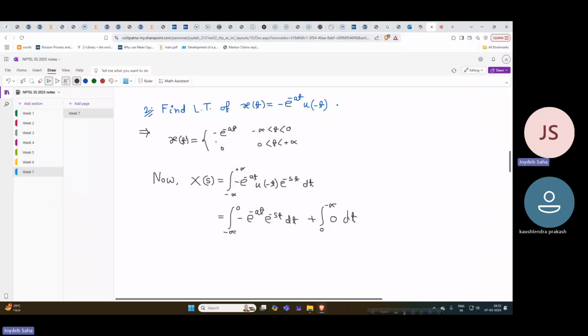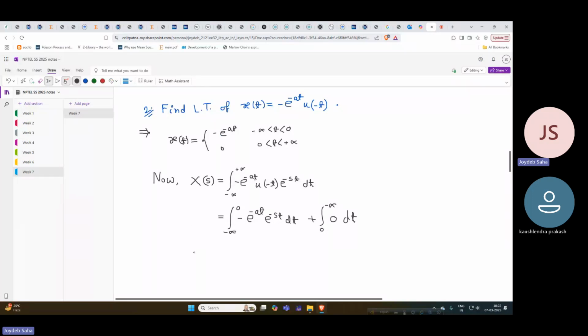What is our question? The question is x(t) is equal to minus e to the power minus at u of minus t. So the value we have written here. So this is the Laplace transform.